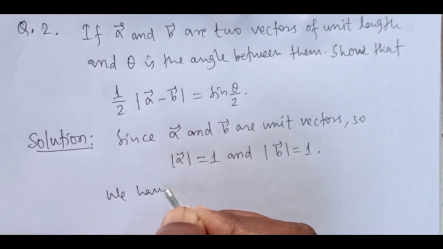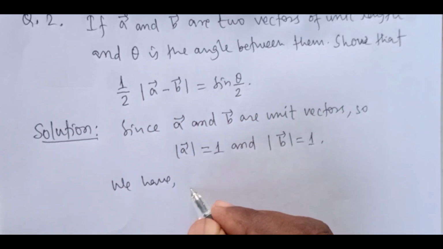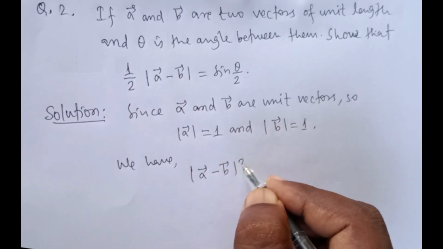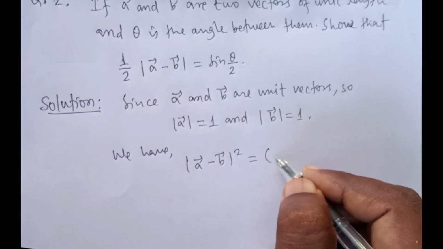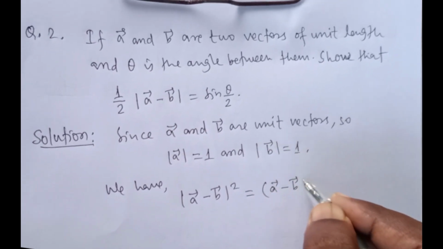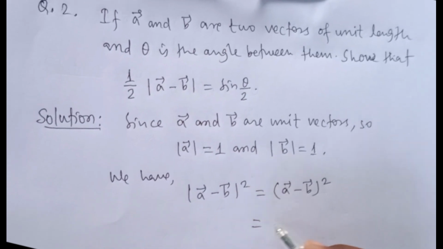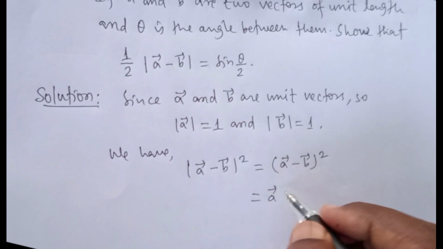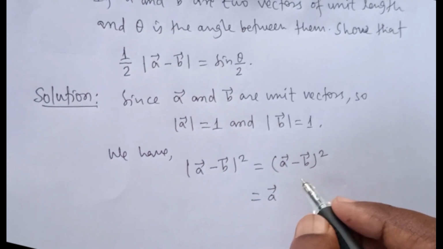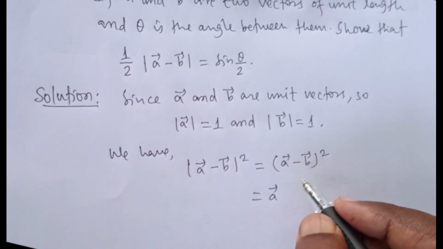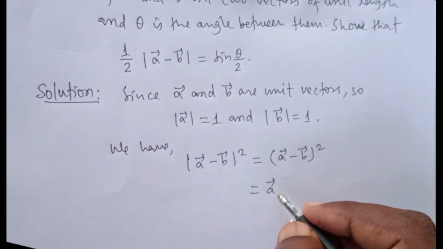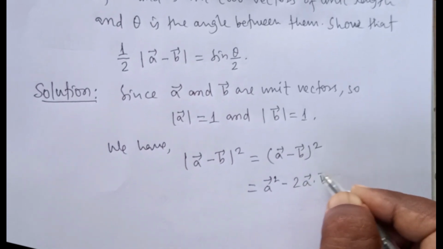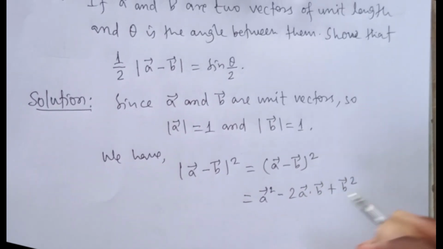We have modulus of vector A minus vector B square is equal to vector A minus vector B whole square, which is A square minus 2AB plus B square, that is vector A square minus 2 A vector dot B vector plus vector B square.